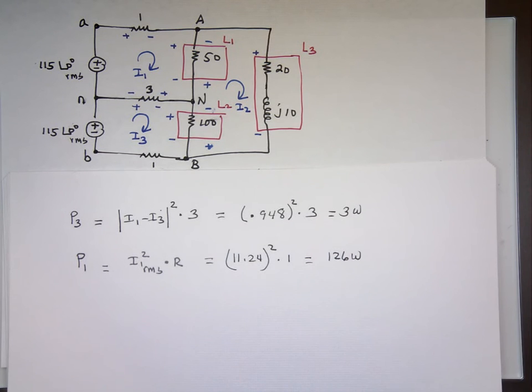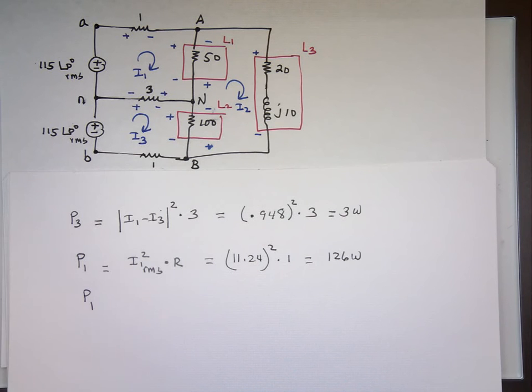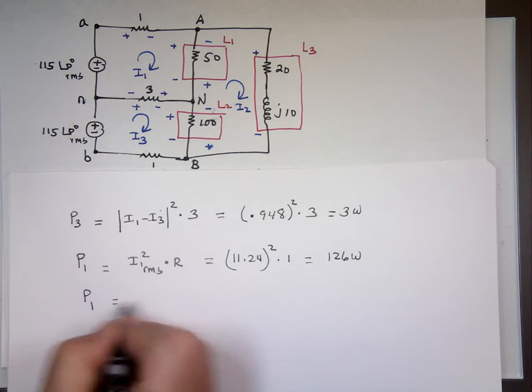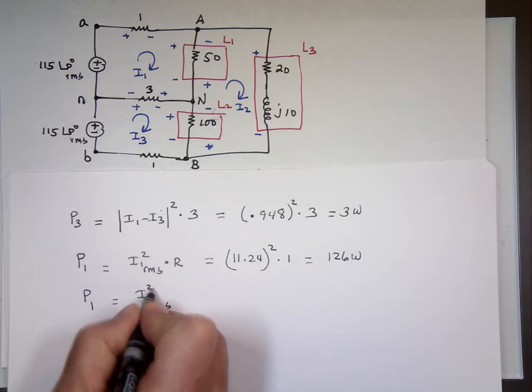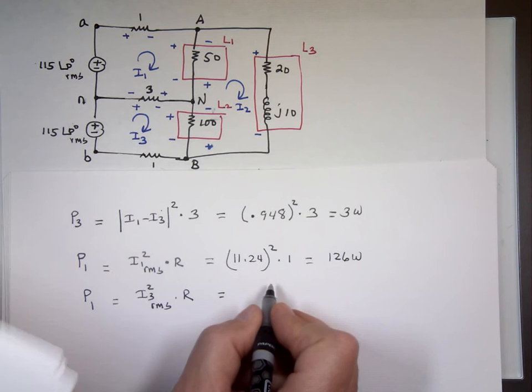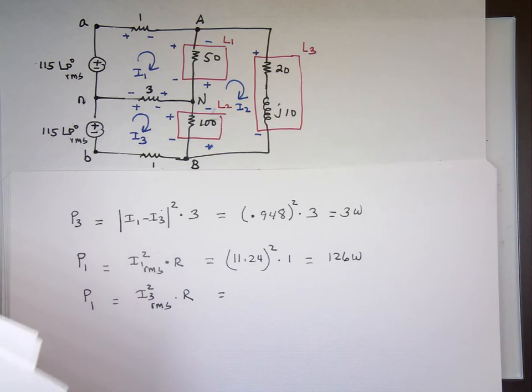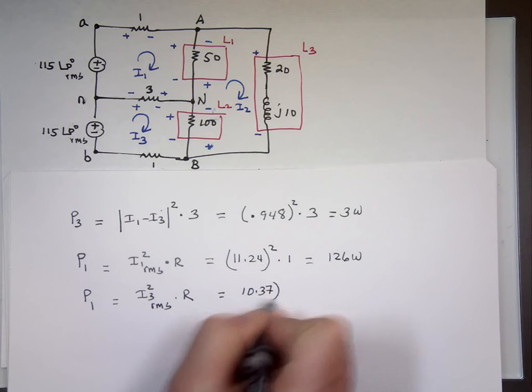And what's the power loss by the bottom 1 ohm? It's I sub 3 RMS squared times R. And I sub 3 for that one was 10.37, squared, times the 1.